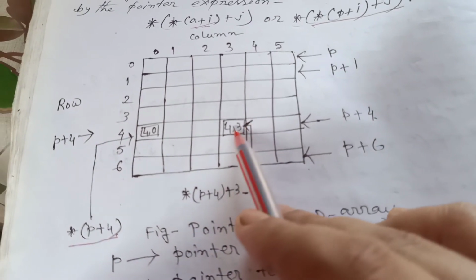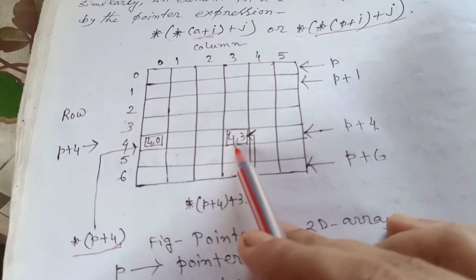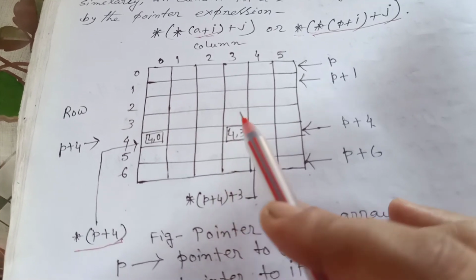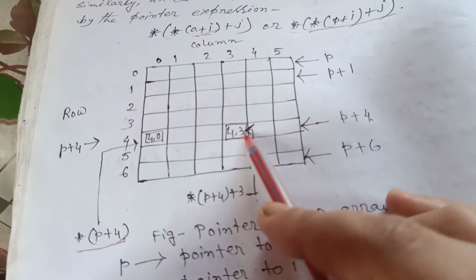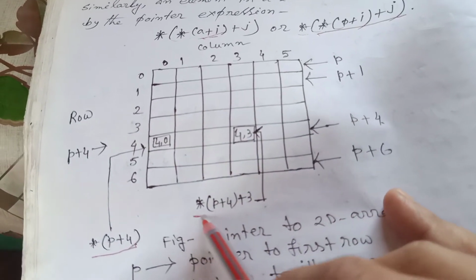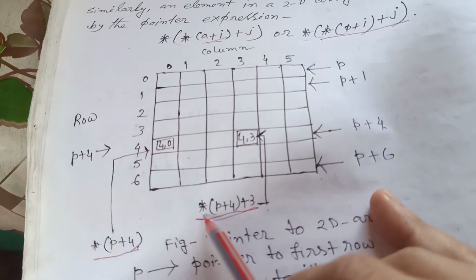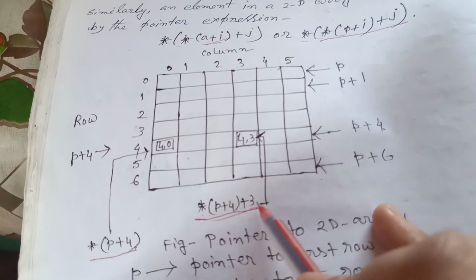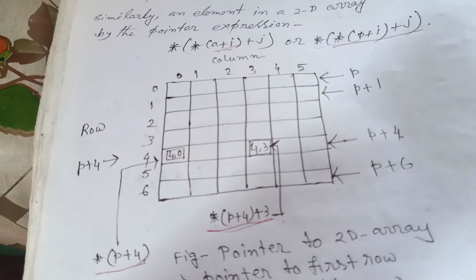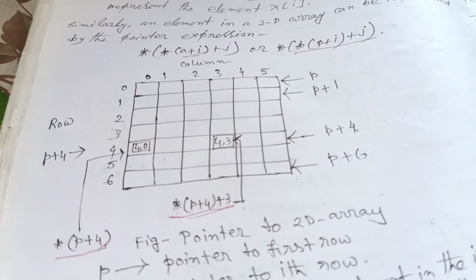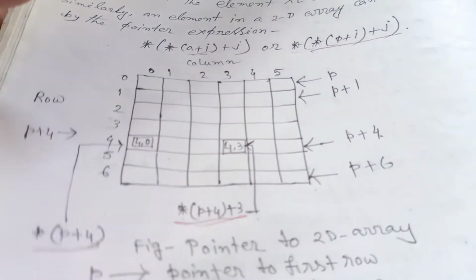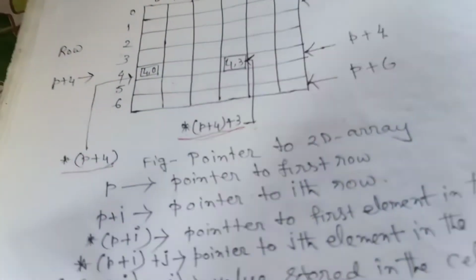But for 4 3, that means the row index is 4 and the column index is 3, so the pointer value will be pointer p plus 4 plus 3. So in this way we can use the pointer for the two-dimensional array.